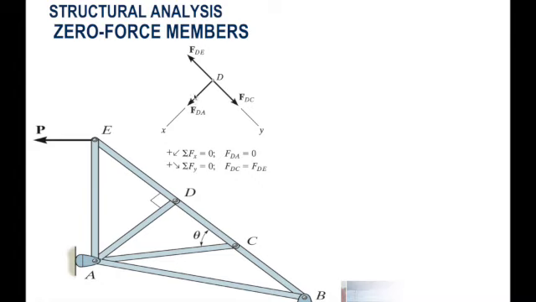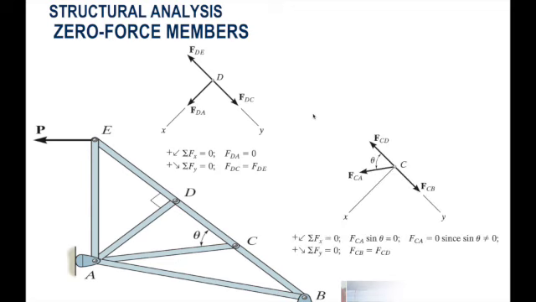They are always perpendicular to each other. If you do summation of forces in X, you only have one force, that's FDA. If you do summation of forces in Y, you can conclude that FDE and FDC are equal. So we have a joint composed of three members, two of which are collinear. The third one is a ZFM, zero force member.